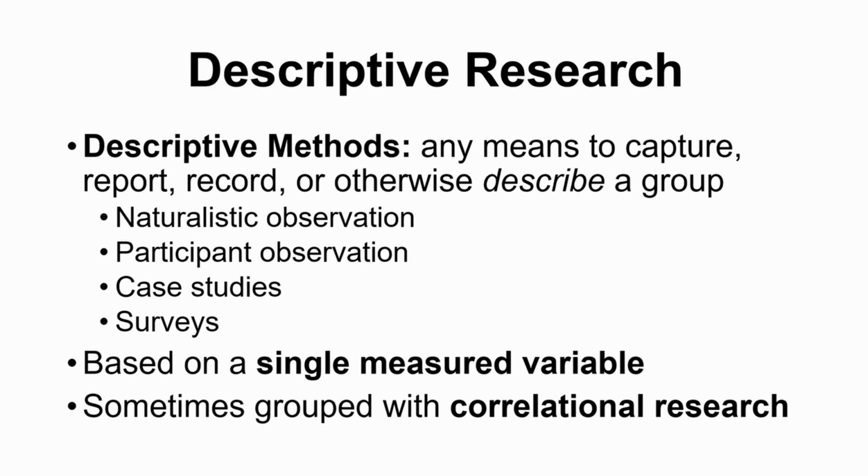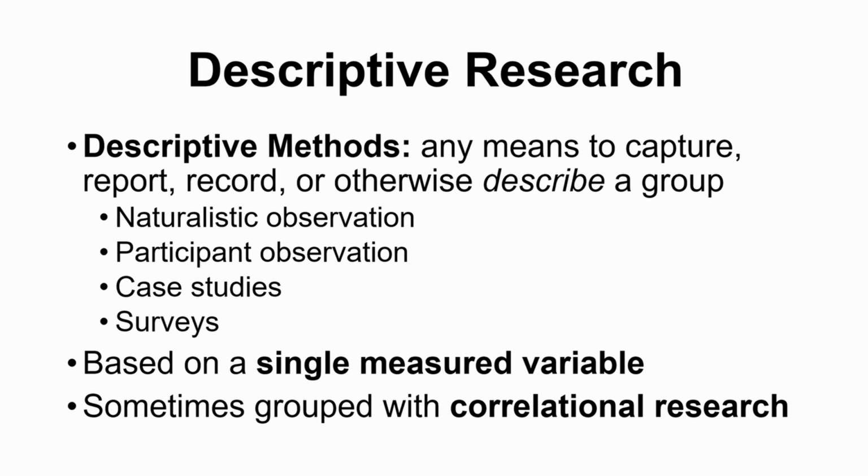Case studies are a huge one for psychology. We might also have surveys, and these aren't, again, an exhaustive list of techniques, but these are some really useful ones that you'll often encounter. And we'll talk about each of those in a minute, but all of these conclusions would be based on a single measured variable. So here is the average happiness for students in their first year of undergraduate.